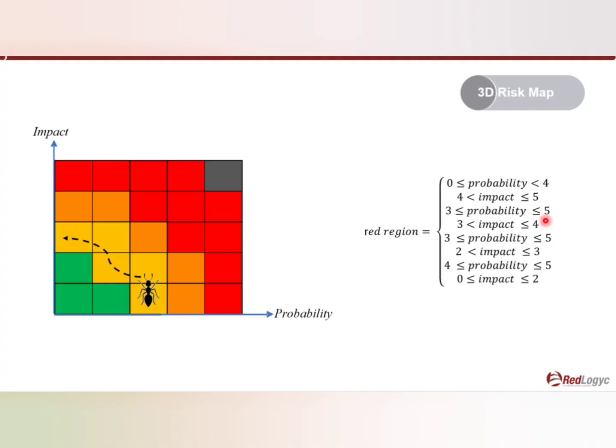And there are two serious consequences of this behavior of the risk map. Looking at the red region, a hurricane of 5 miles per hour, which is just a soft wind, with 100% probability of occurrence, represents the same risk as a category 5 hurricane with zero or almost zero probability of occurrence.